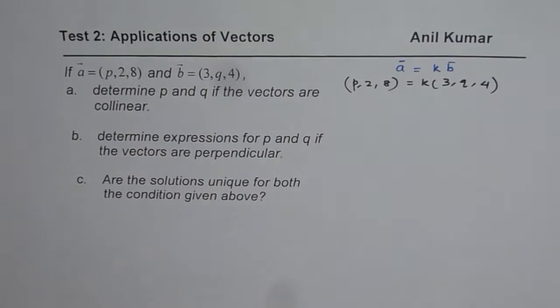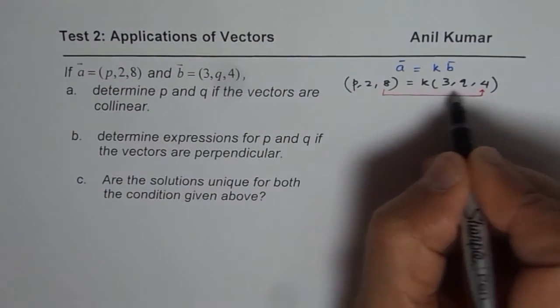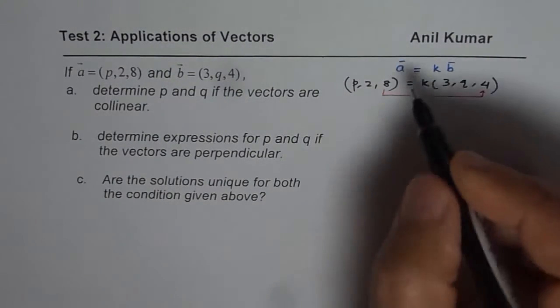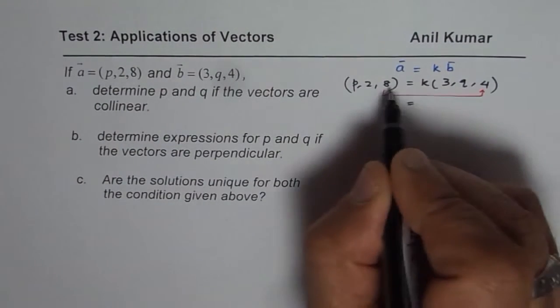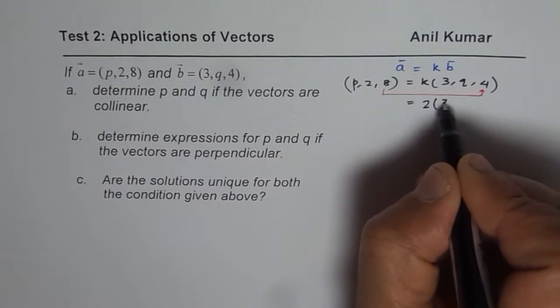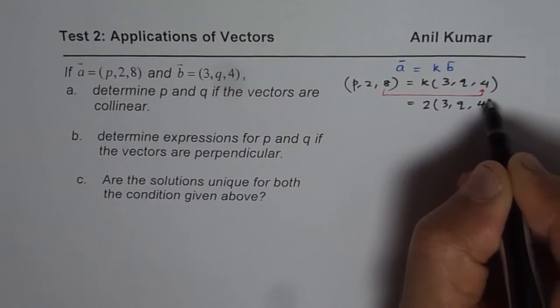(3, Q, 4). Now here you can see how 8 is related with 4. It is 2 times, right? Therefore, I could write K as 2, since we have 4 and 8. So we could write this as 2 times (3, Q, 4).